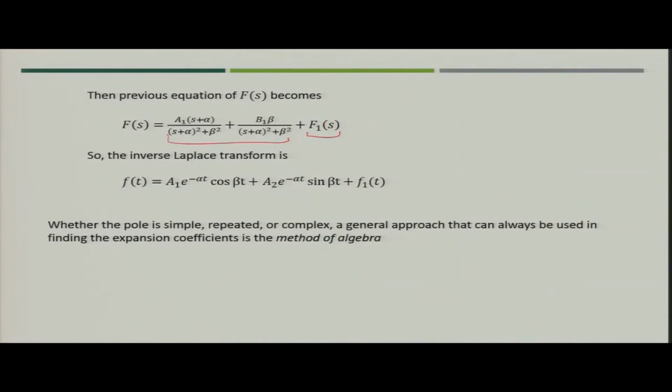Now, if you see the first term, if you remember when we were discussing the Laplace transform, we discussed that the Laplace transform of cos omega t becomes s upon s square plus omega square.